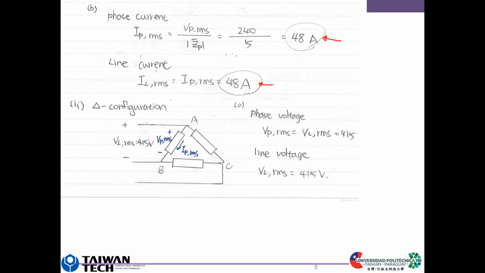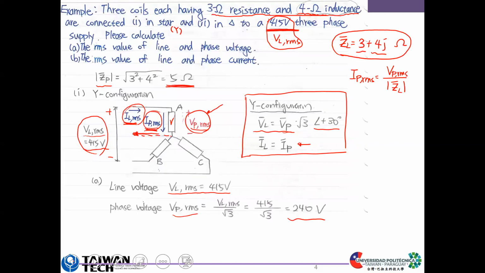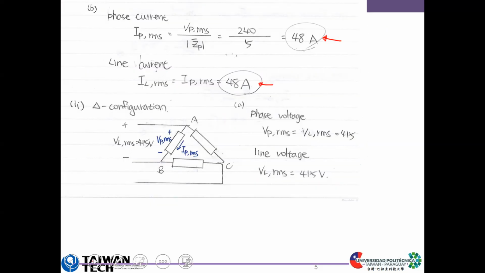It also asks us about the delta configuration. So when it is in delta configuration, same thing, we draw a delta shape and mark A, B, and C, and then it asks about the phase voltage. In this case, the phase voltage VP RMS equals VL RMS, the line voltage.